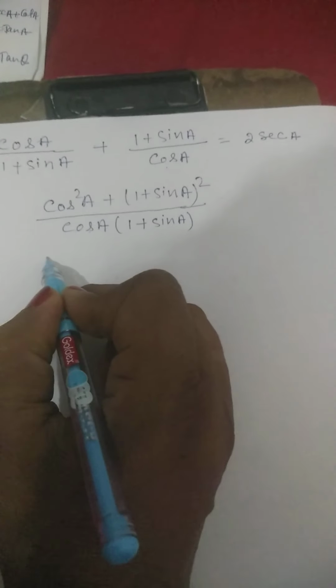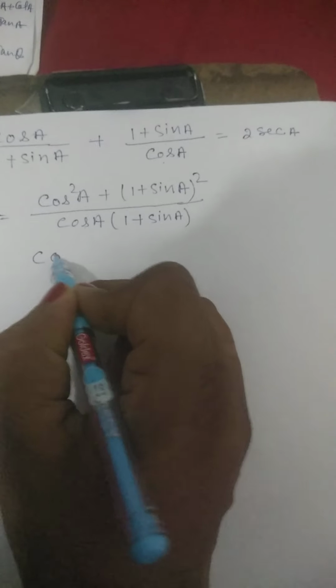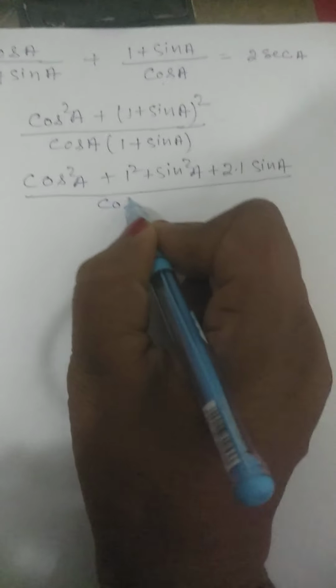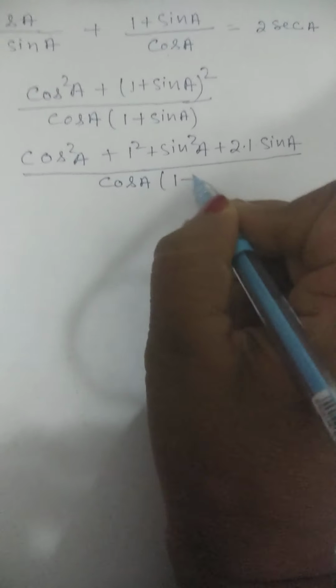What will you get? 1 plus sin A, the whole square. Just to explain, A plus B whole square is A square plus B square plus 2AB, upon cos A into 1 plus sin A.